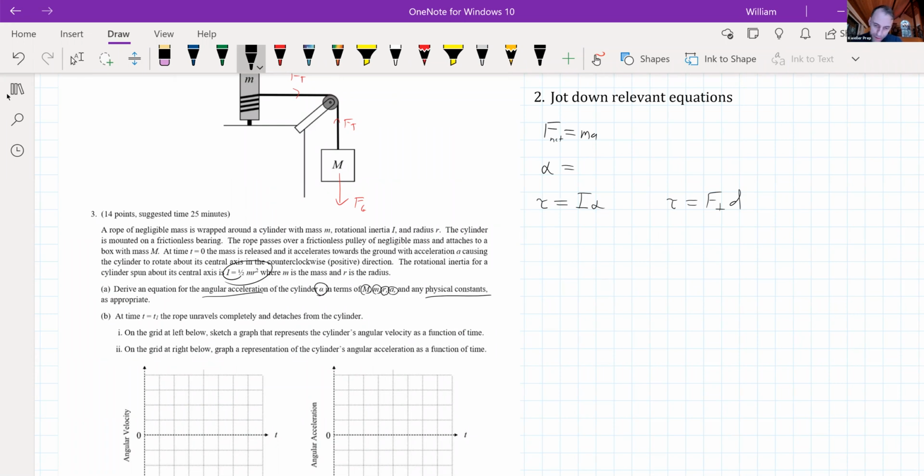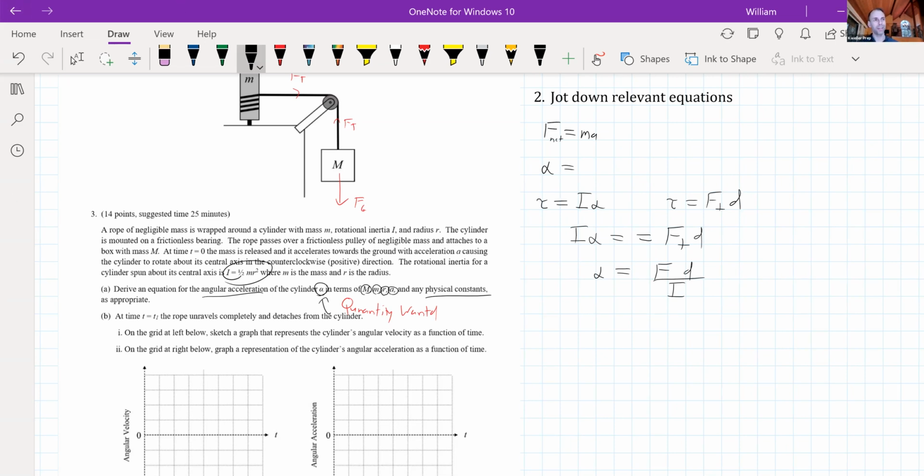By the way, when it says derive an equation, your goal is to get the quantity wanted, which is alpha, by itself. So our goal is to get alpha by itself. We could be like, oh, well, we got alpha by itself, we're done here. But of course, I'll just leave it as force times distance.